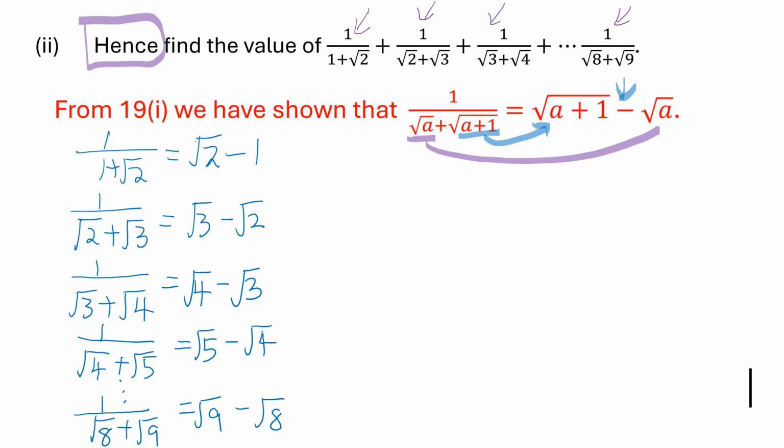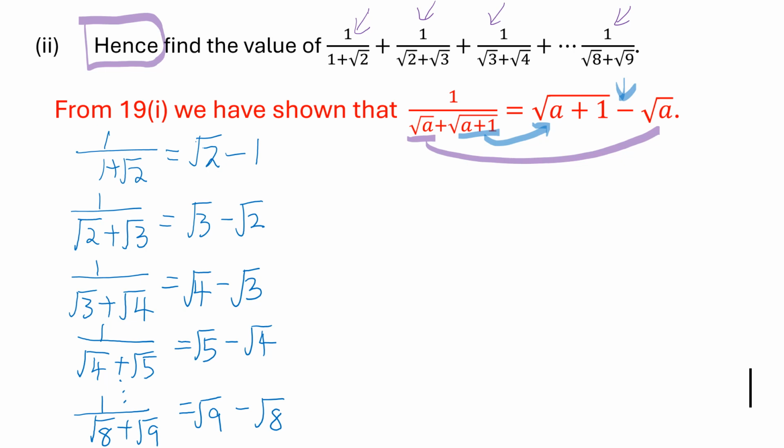Okay, so we need to add all this together, right? That means I need to take this plus this one plus this one. When you add them up, you will see that certain numbers can be eliminated.